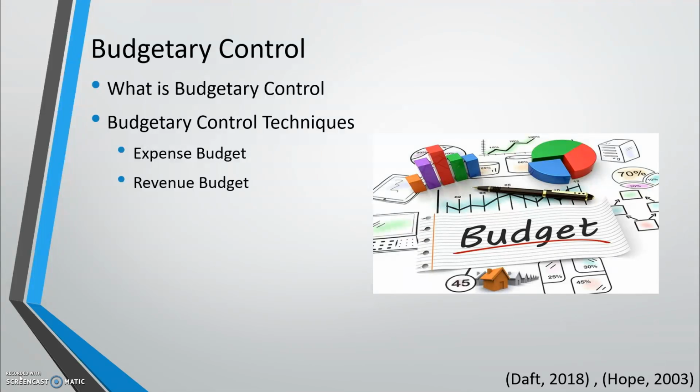The next, it kind of goes along with that, is the revenue budget. That's looking at, okay, we need to make X amount of dollars in this time frame, or we need to sell this many units, or either way, just produce this much in this time frame. And if they fall a little bit short, they look at, okay, how can we improve?